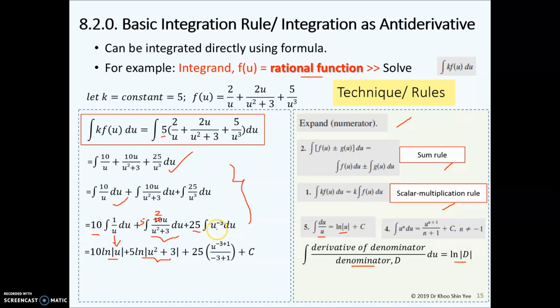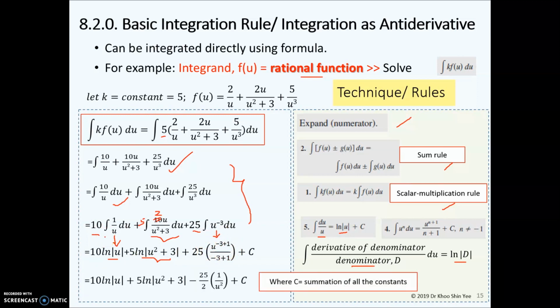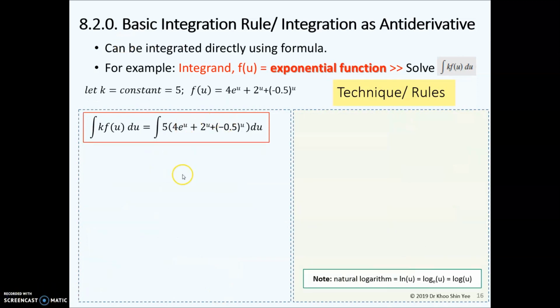For u to the power of negative 3, I can use the normal polynomial rule: u to the negative 3 plus 1 divided by negative 3 plus 1. Lastly, this one remains, and then I simplify this, I get the final answer. Let us continue to integrate the exponential function.